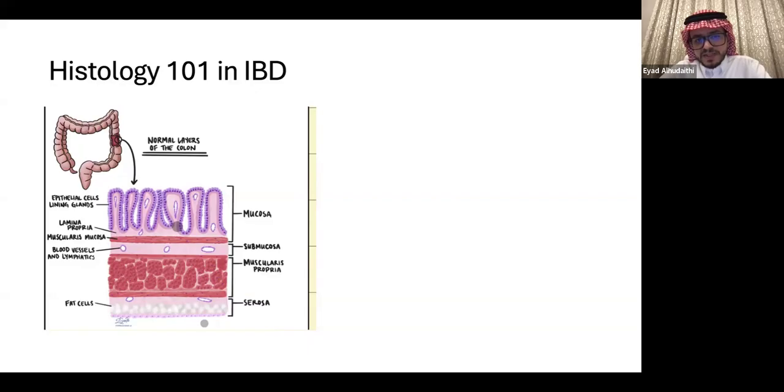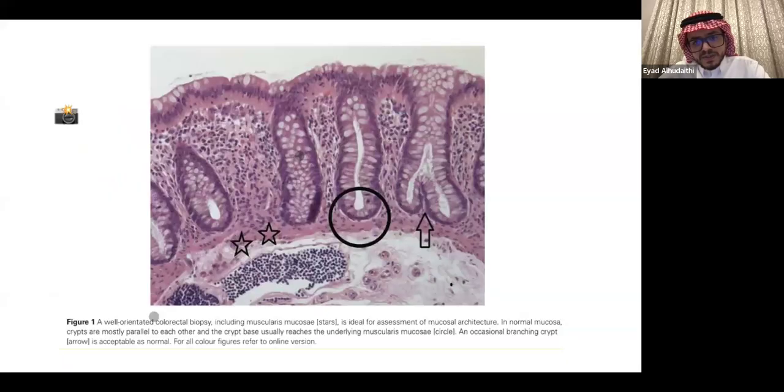It starts with the mucosa, so you can see the epithelium lying on the lamina propria, and they lie on the muscularis mucosa. This is what we see in the biopsy. If it extends beyond the muscularis mucosa, this is when we see ulcers. So this is what the normal colonic biopsy looks like.